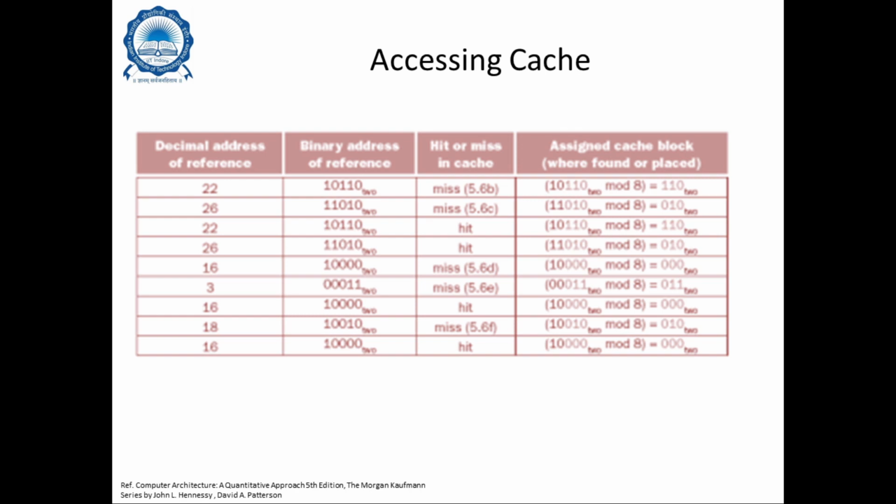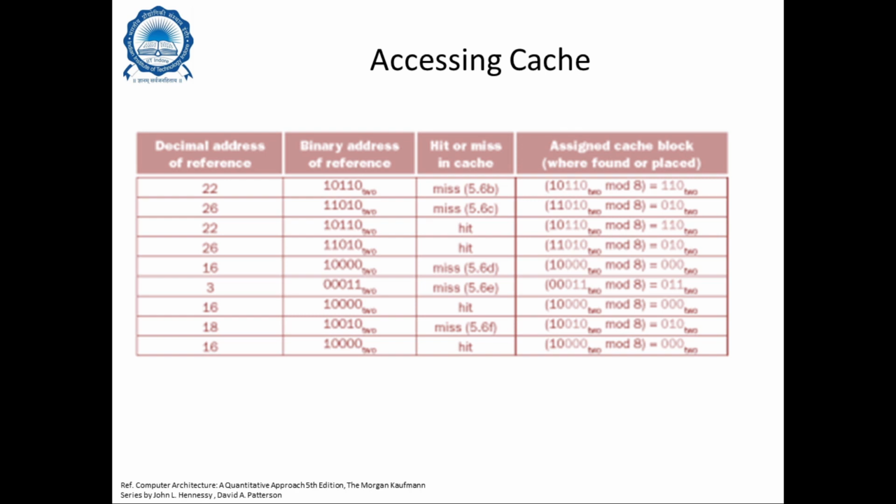Now when you want to check in the cache, in case we are requesting this decimal address of RAM, first it will be a miss for the first entry, because this data doesn't exist in the cache. The assigned cache block is x mod the number of entries of the cache.